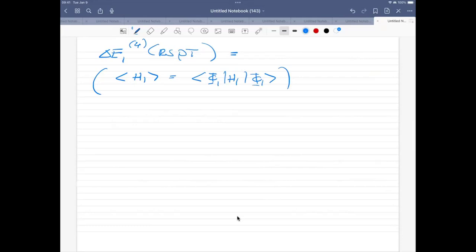Similarly, if you see something like HI multiplied with this operator Q divided by an operator E0, which I'm going to define pretty soon, this one is the same as phi 1, which is this ansatz for the ground state, HI of Q of E0 of HI.